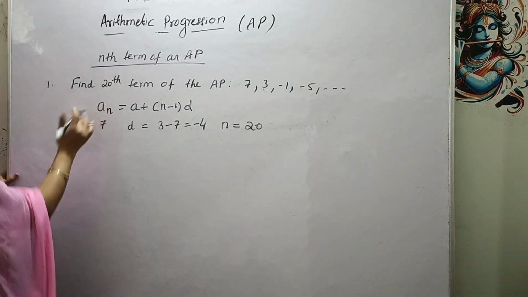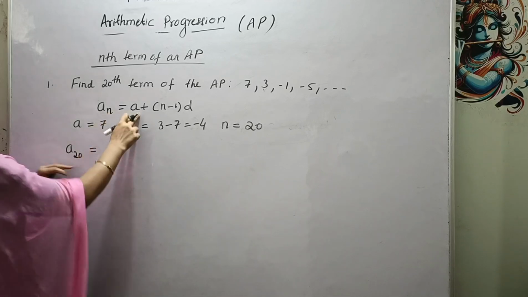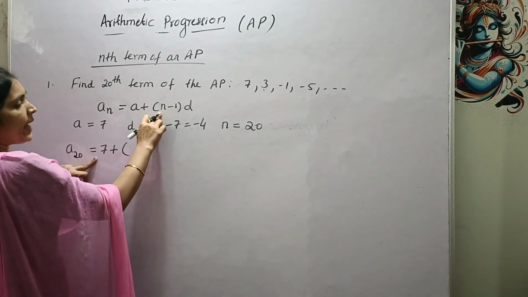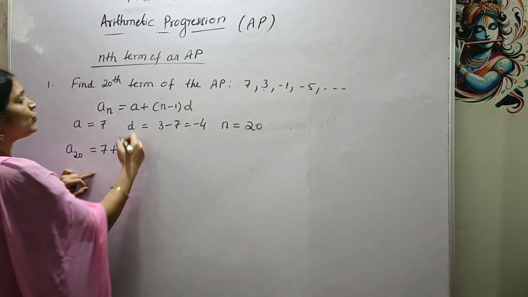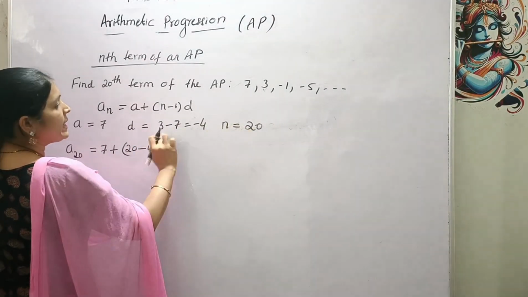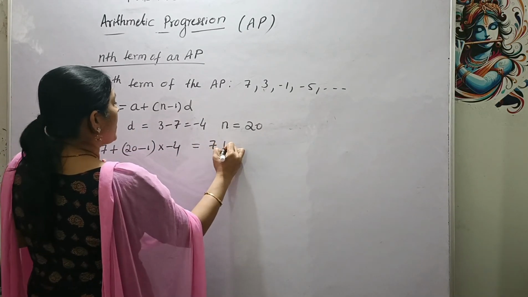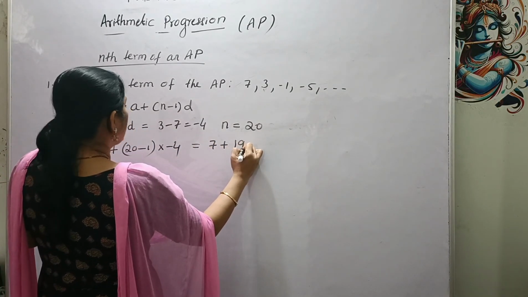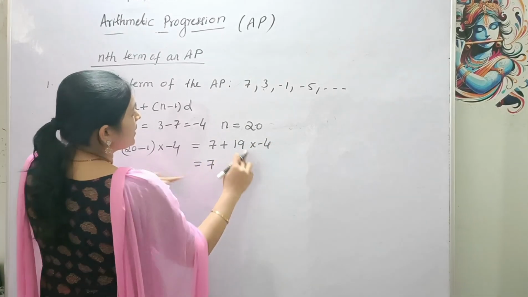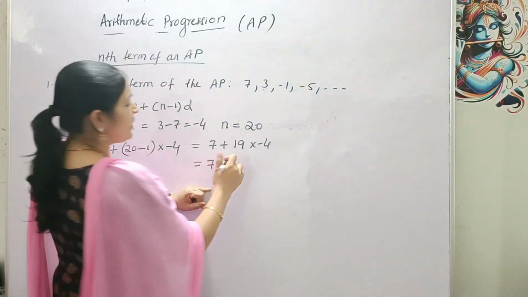Okay, now let's substitute. Therefore the 20th term is equal to a plus, what is a? 7 plus n is 20, 20 minus 1 into d is minus 4. That is equal to 7 plus 19 into minus 4, that is equal to 7. 19 into 4 is 76.